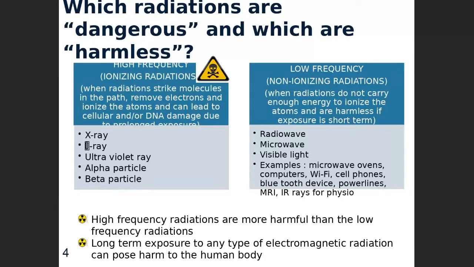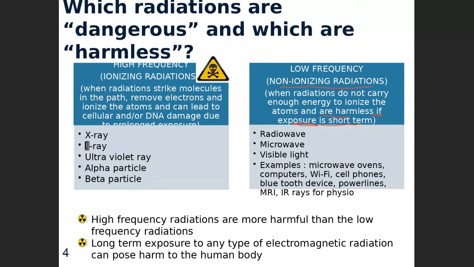As we said, the low frequency or non-ionizing radiations are harmless, but on one condition: if the exposure to this radiation is short term. Examples are radio waves, microwaves, and visible light.